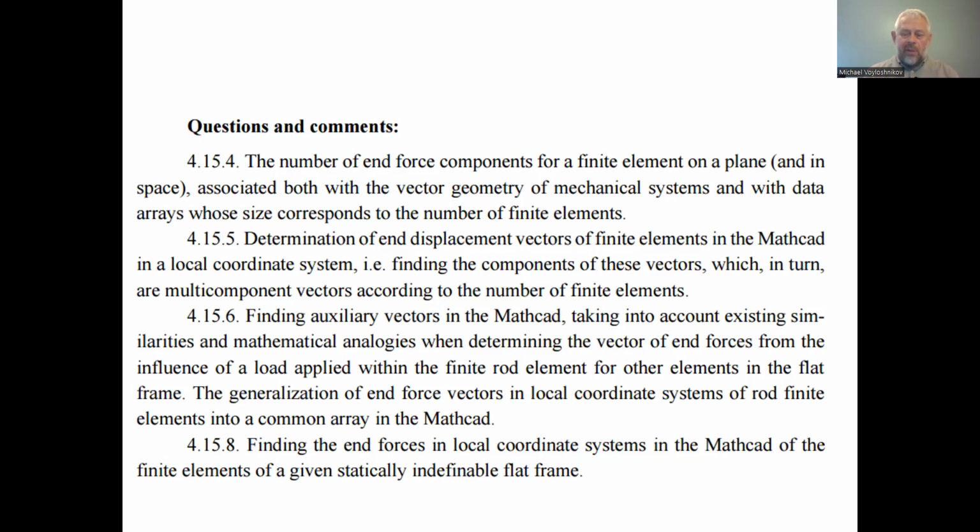Or we can determine the support reactions when we have the distributed load within the single span statically definable finite element.